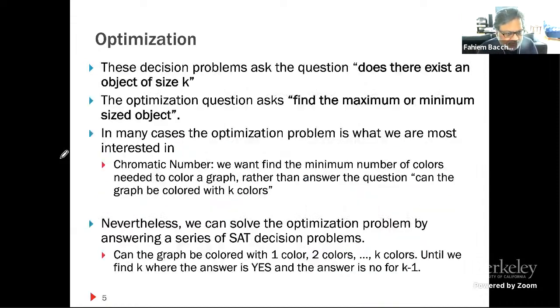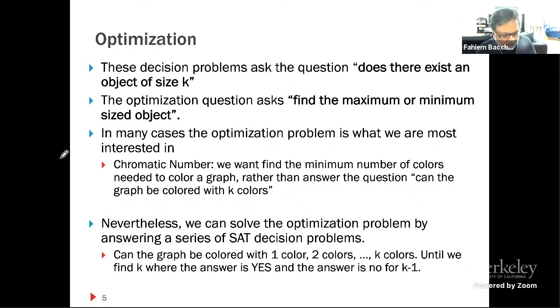But in many cases, the natural question is, for example, what is the chromatic number of a graph? In other words, what's the minimum number of colors needed to color a graph? Now you can convert that to a decision problem, which is, can the graph be colored in K colors? But really, often what we want to do is solve the optimization problem. What's interesting about this connection is that it gives you an immediate approach for using SAT for solving optimization.